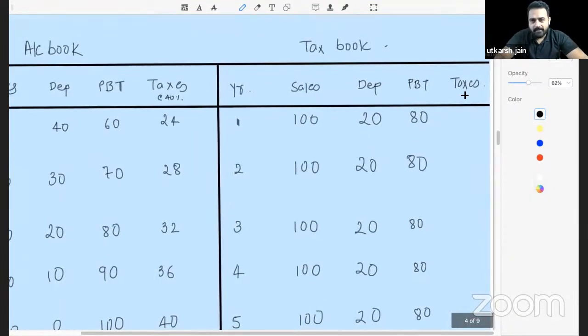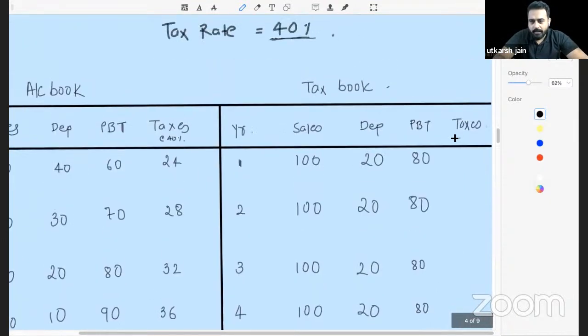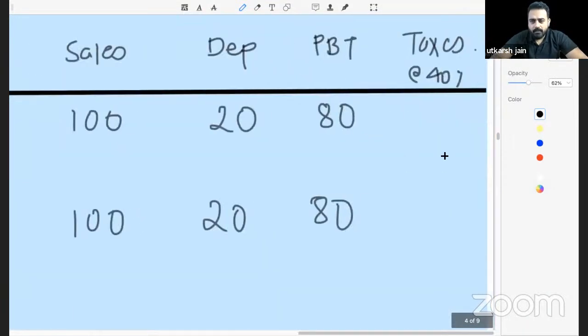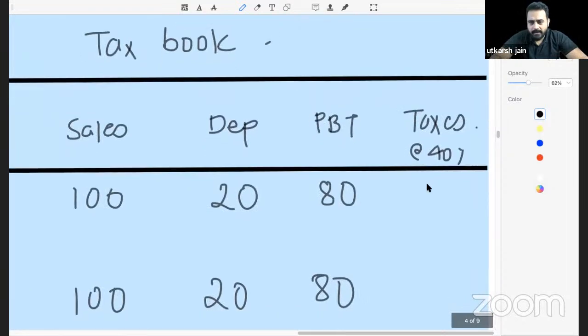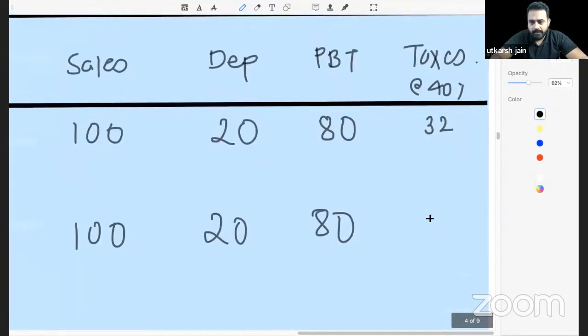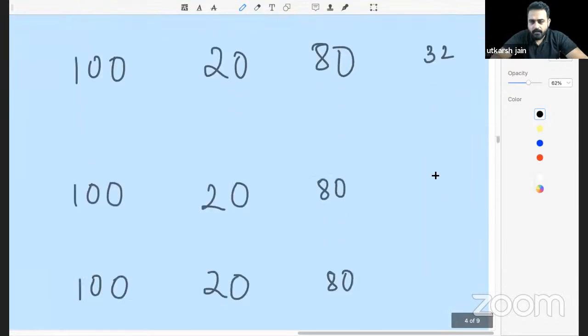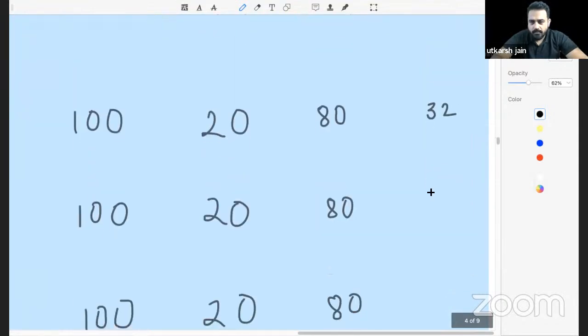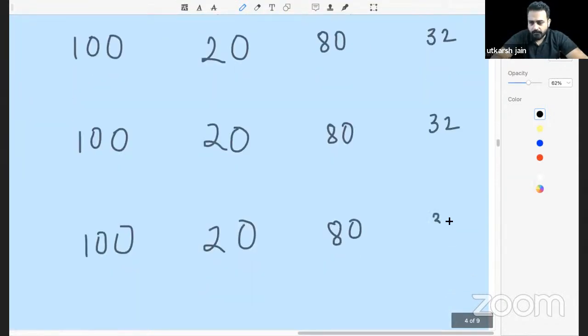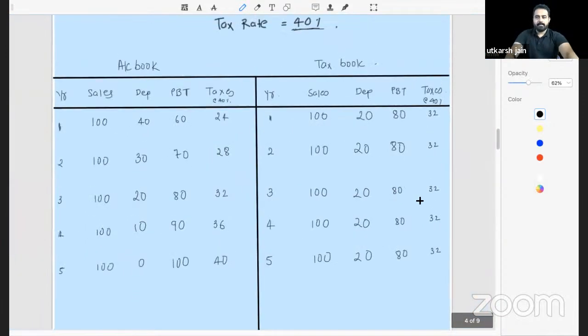At the rate of 40% on taxation, your tax value will become 32 flat for each of the years: 32, 32, 32, 32, and 32. And we're done. We prepared the schedule. Now we have an overview of what's happening in the two different books.